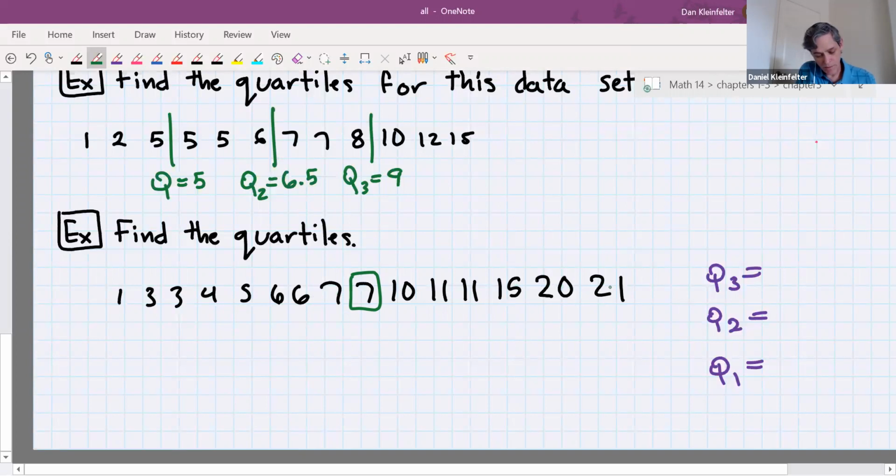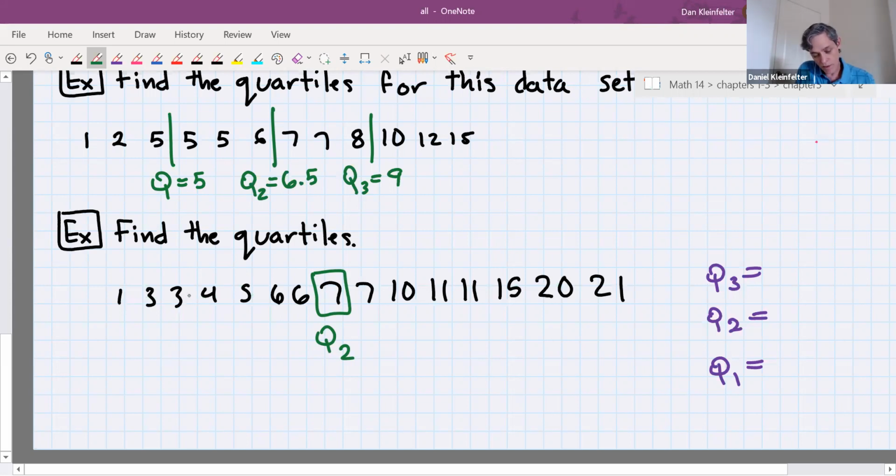Looks like I missed. Try that again. 1, 2, 3, 4, 5, 6, 7 below, and 7 above. All right, so Q2 is this 7, and then Q1 will be basically the median of this lower half.